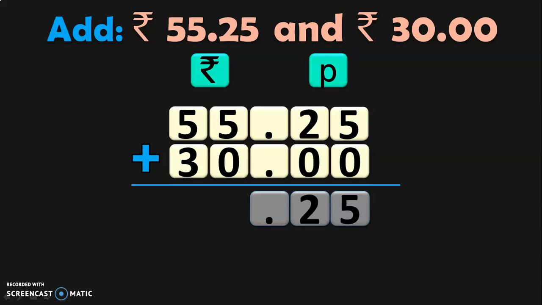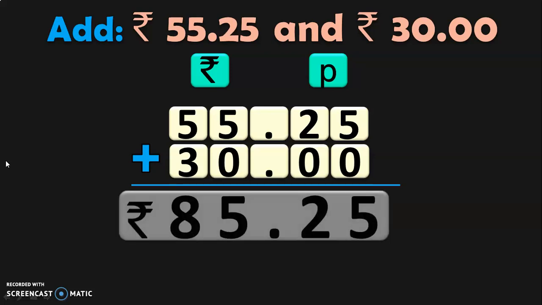Place the decimal point in the answer below the other decimal points. Now add the rupees. 5 plus 0 is 5 and 5 plus 3 is 8. So when we add 55 rupees and 25 paise with 30 rupees, you get the answer to be 85 rupees and 25 paise.